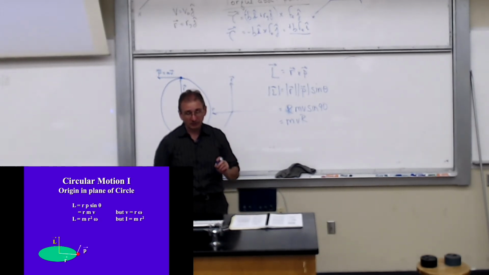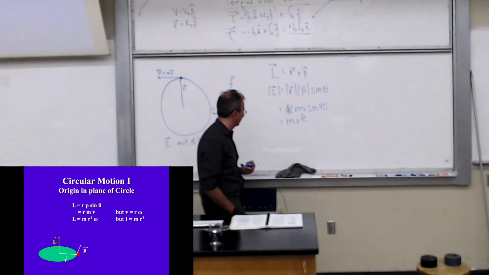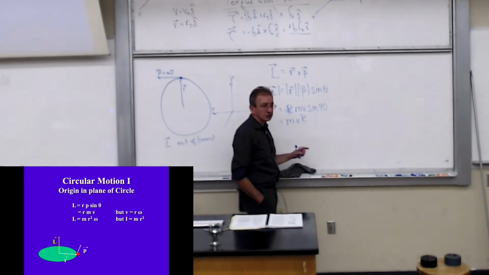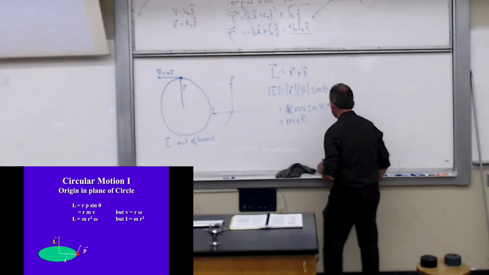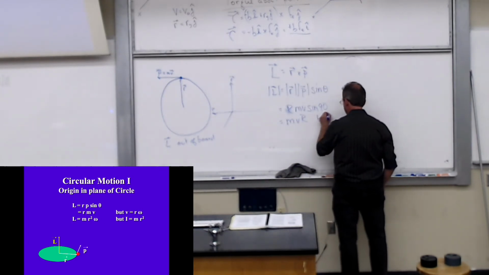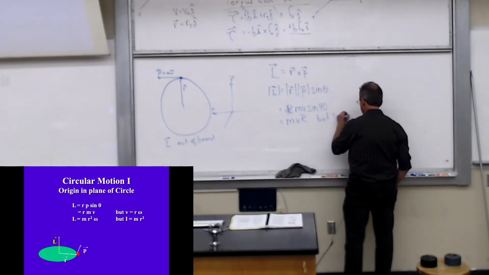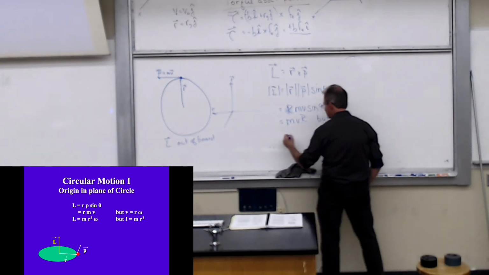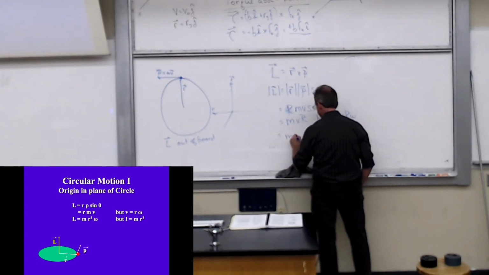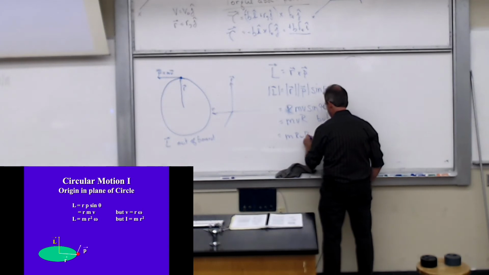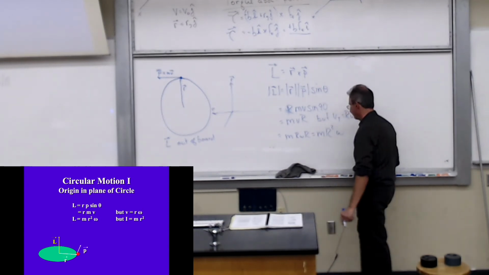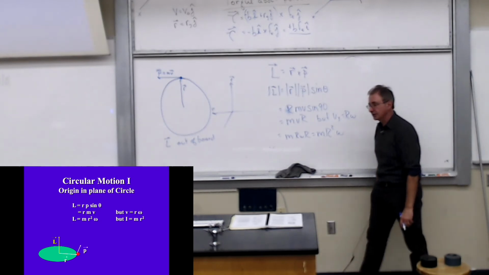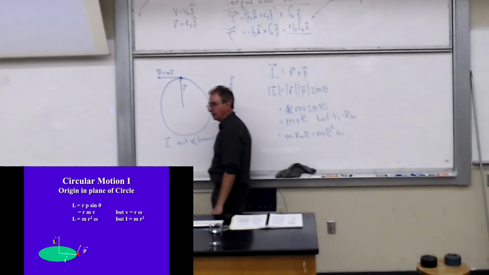Now, V tangential is r omega. So let's substitute that in here. What is mr squared?